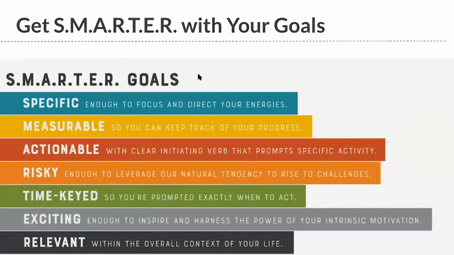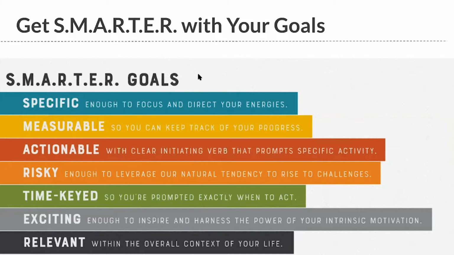We're big fans of Michael Hyatt's SMART-ER goal setting system. That takes the SMART goals a few steps further, and it really helps you improve your chances of reaching your goals. So when you're setting SMART-ER goals, you're using this acronym to look at each goal to see if it is specific enough to focus and direct your energies, measurable so you can keep track of your progress, actionable with a clear initiating verb that prompts specific activity, risky enough to leverage that natural tendency to rise to challenges, time keyed so you're prompted to know exactly when to act, and it needs to be exciting enough to inspire and harness the power of your intrinsic motivation.